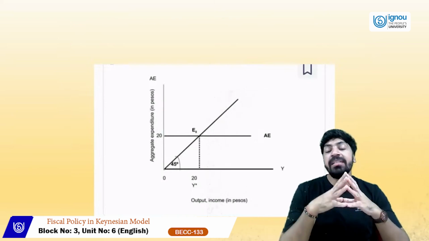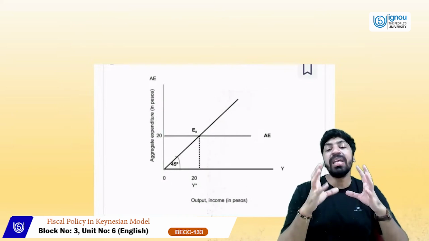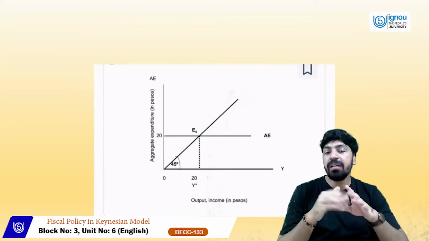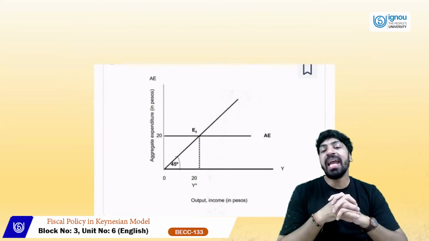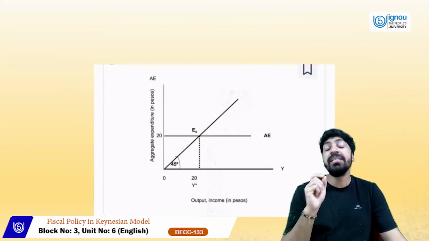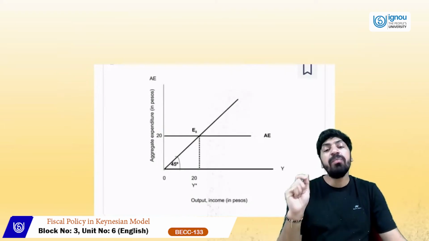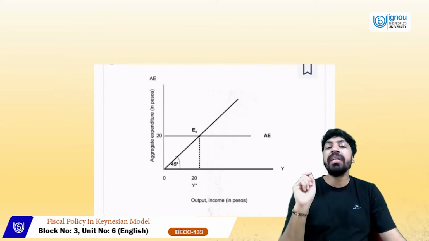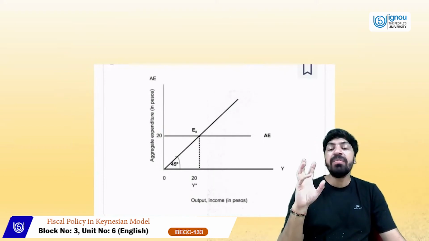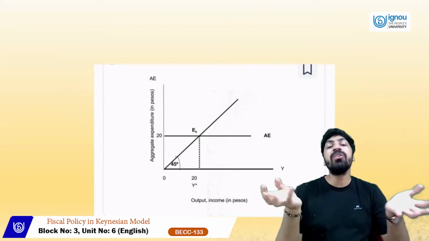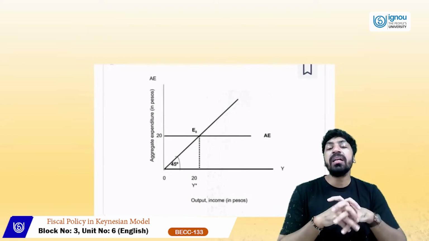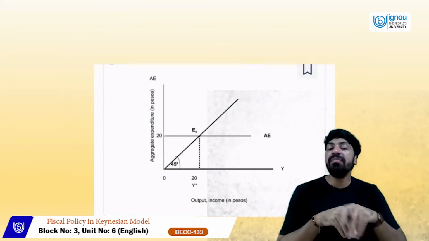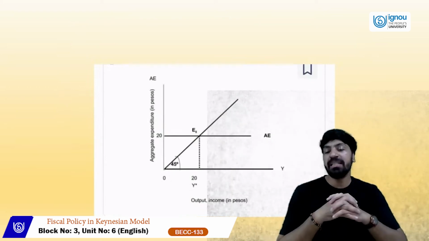That means the intersection point between aggregate expenditure and the 45-degree angle line is exactly called the equilibrium national income point, which stands for E0. So E0 is the original equilibrium national income point, given by the intersection of the 45-degree angle line and the aggregate expenditure.